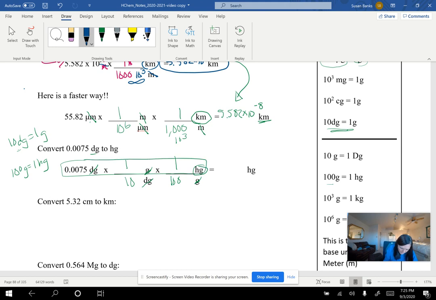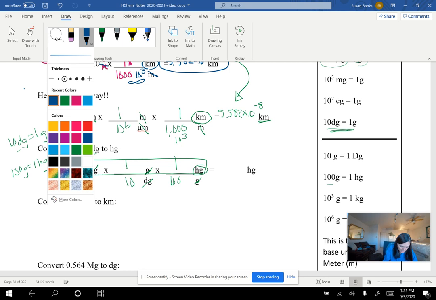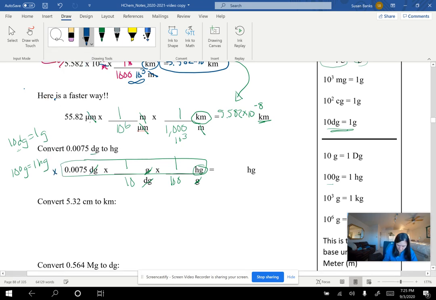So when we're all said and done, I need to take this 0.0075, and multiplying it just by 1 doesn't really do anything, right? So this really becomes a division problem. So I'm going to divide it by 10 and divide it by 100 again. Or I could divide it by 10 times 100, which is 1,000. Same thing. Remember your order of operations here.